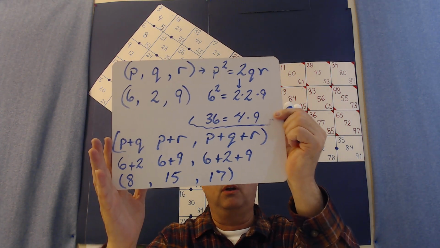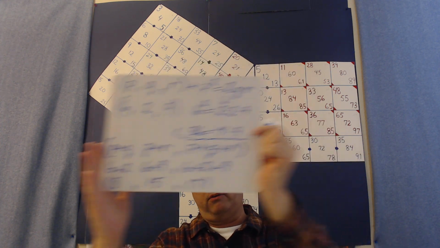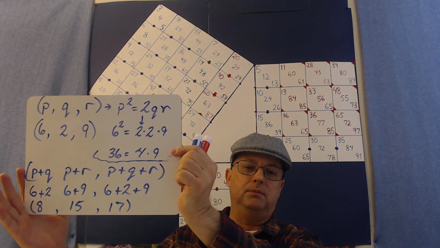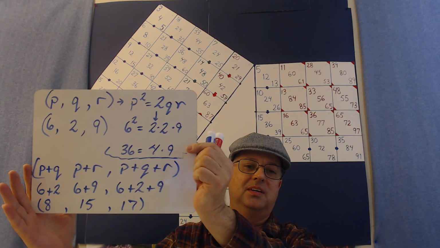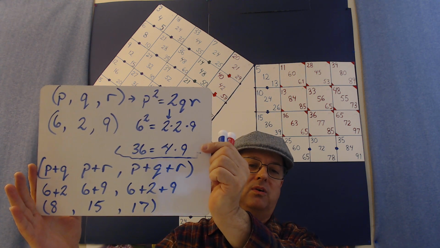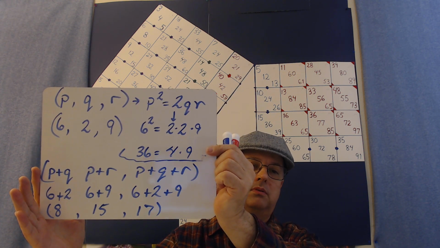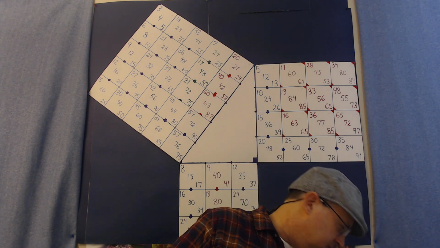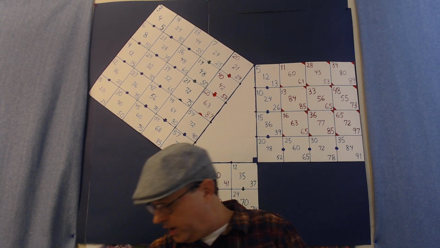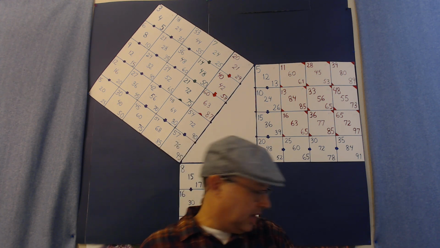The P and the Q and the R that gives us the Pythagorean triple. And we can also realize that we have our A value.